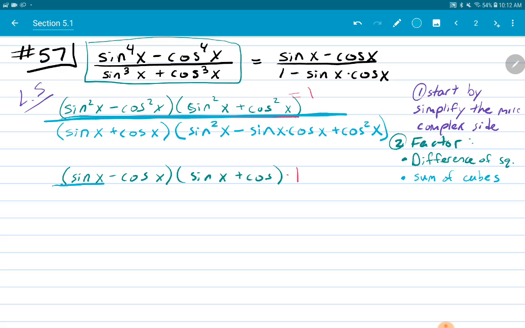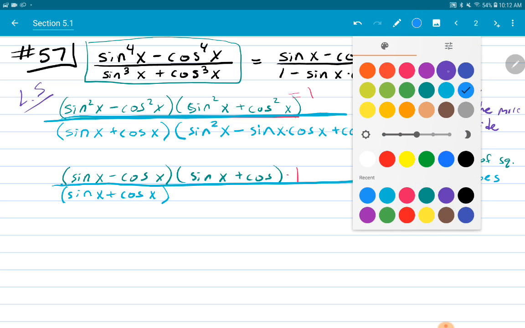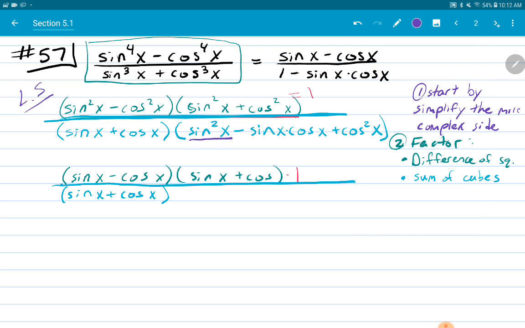Okay, and then I'm just going to keep going with the denominator, and I can reduce it further. I'm not going to change the first part, so I'll just copy that down. But the second part, I'll use purple: sine squared x plus cosine squared x gives me 1.